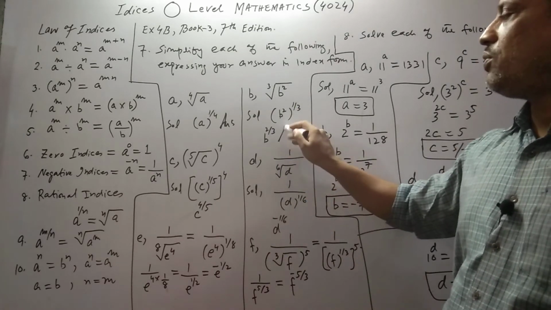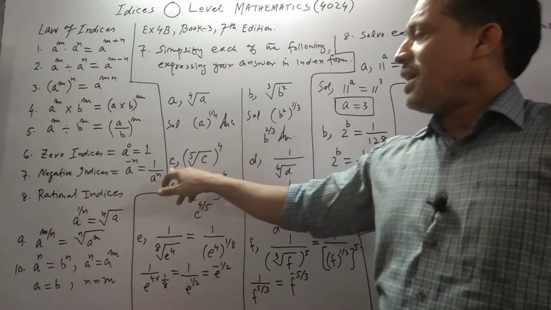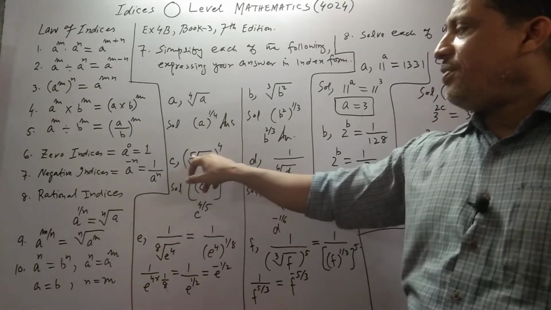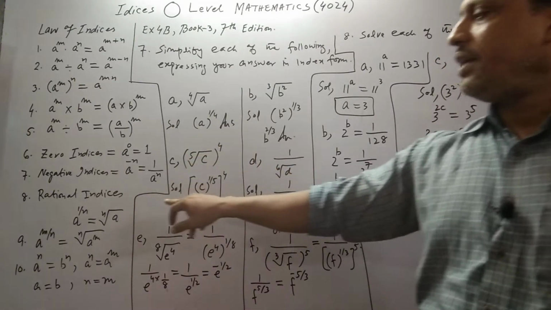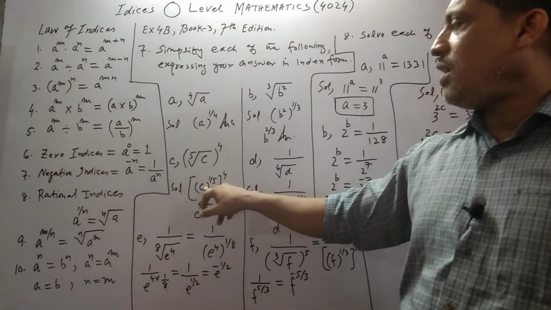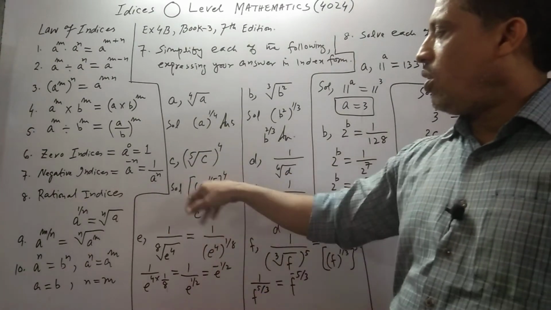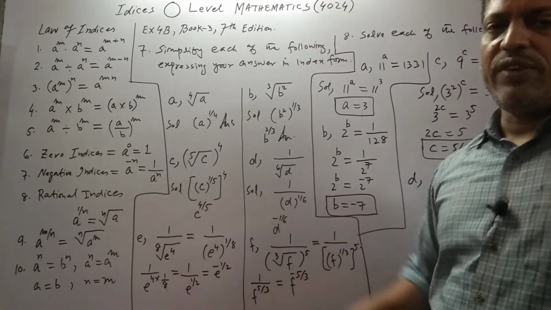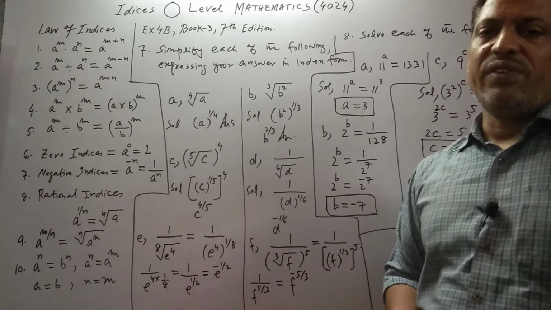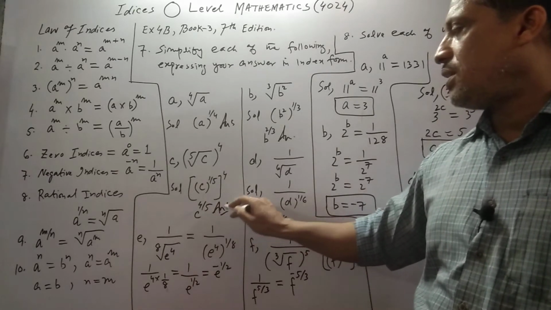So b to the power 2 upon 3 is the answer. That's it. Part C, index 5, radicand c, whole power 4. First apply this law, then this 5 becomes c to the power 1 upon 5, and power 4 is already given. So power to the power is always multiply: 1 upon 5 into 4, 4 ones are 4, 4 upon 5. So this is our answer.